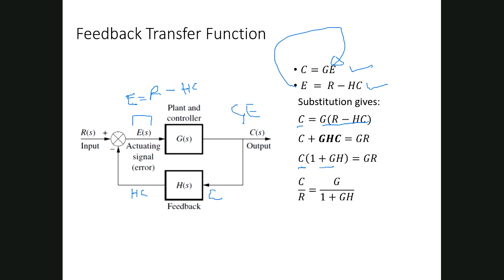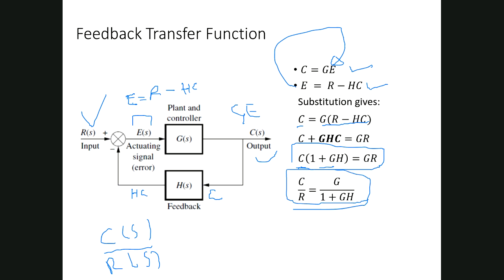What we want to write, remember, is the transfer function. From the definition, the transfer function is the ratio of the Laplace transform of the output C(s) over the input R(s). For this system, this is our input, this is our output. So from here, we can write the transfer function as G over 1 plus GH.